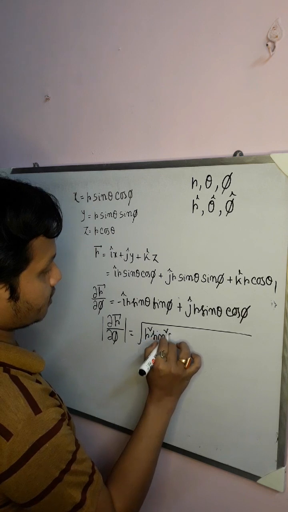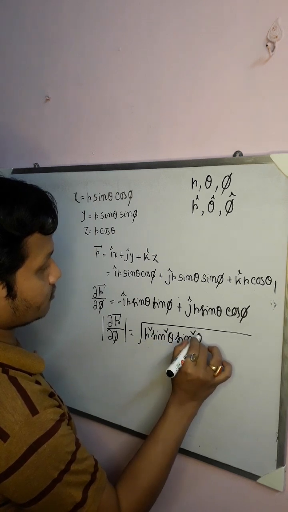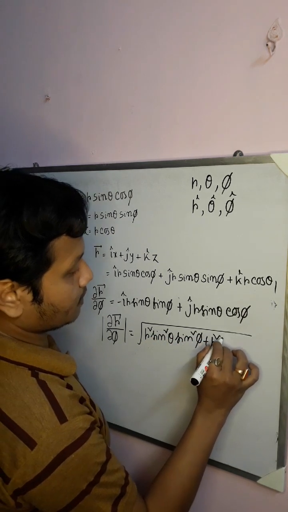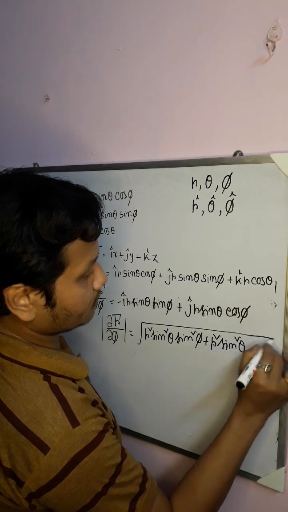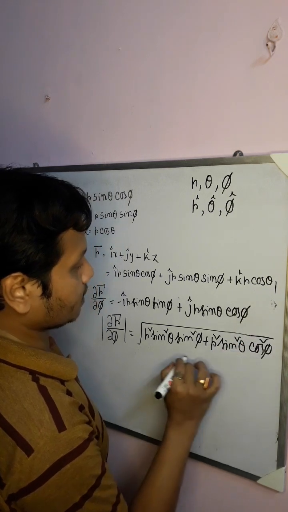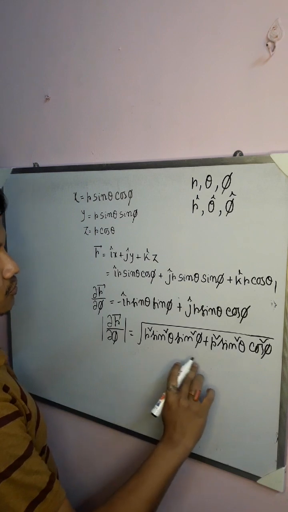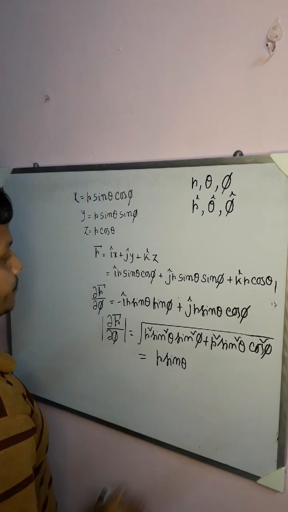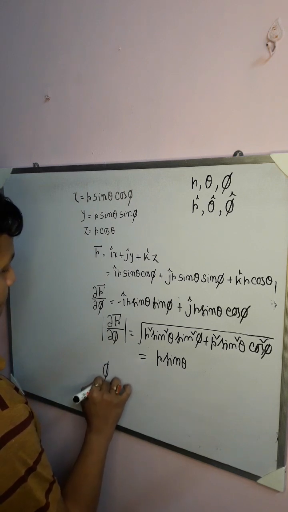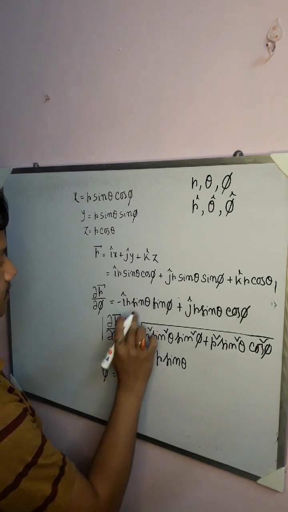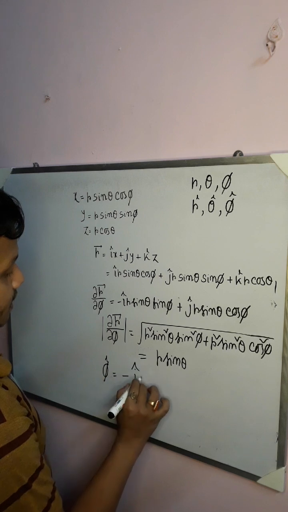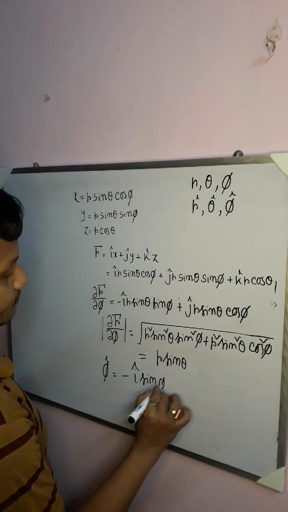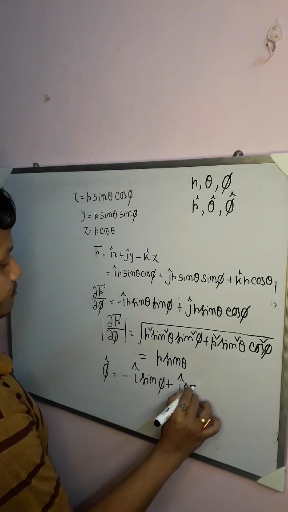It is r square sin square theta sin square phi plus r square sin square theta cos square phi, that means r sin theta. So what will be the value of phi cap? Dividing by r sin theta, phi cap is minus i cap sin phi plus j cap cos phi.